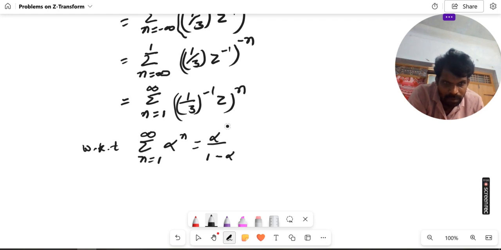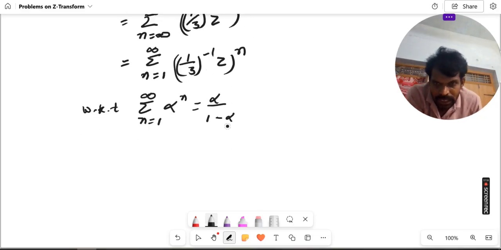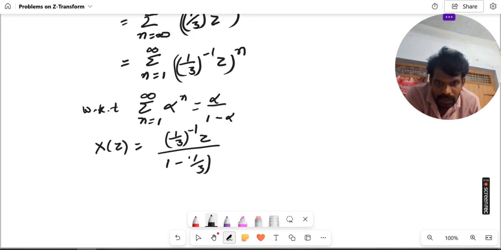But here n value is from 1 to infinity, so alpha power n has the solution alpha by 1 minus alpha. In place of alpha, what we have is 1 by 3 inverse of z. Let us write that down: x of z is equal to (1/3 inverse of z) divided by (1 minus 1/3 inverse of z).